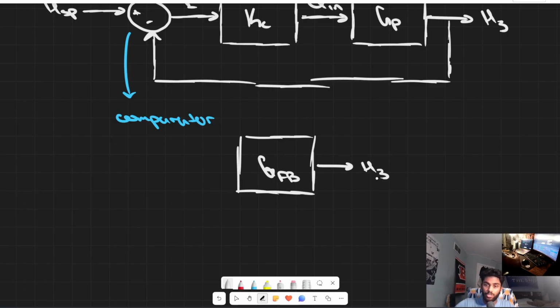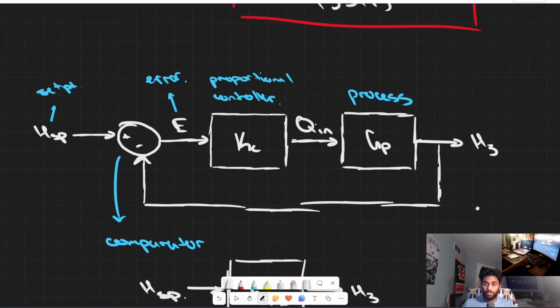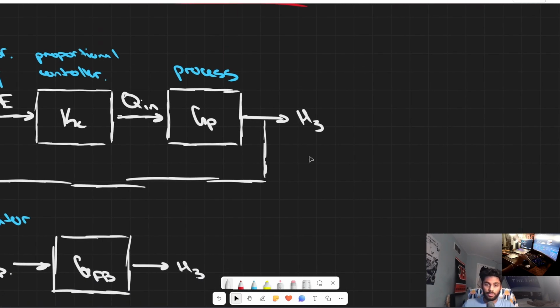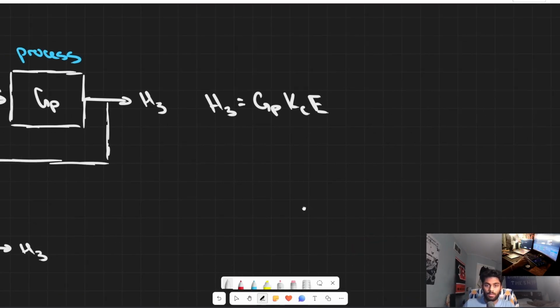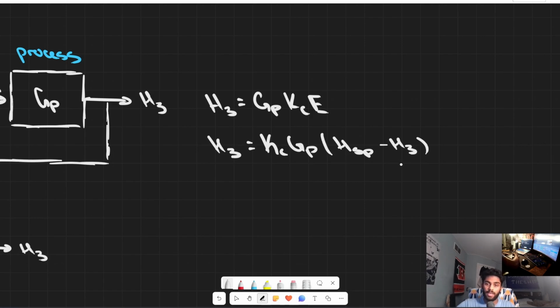So we have H3 out and we have HSP, our set point height in. So if we were to go through this process like always, what we would find is H3, right here, is equal to GP times KC times E. And we know that our error is equal to our set point minus the height in the third tank.